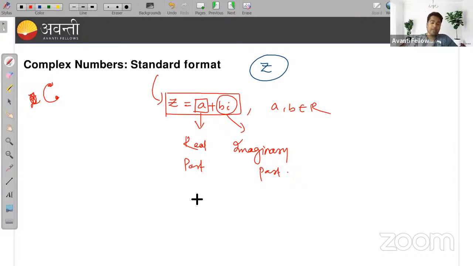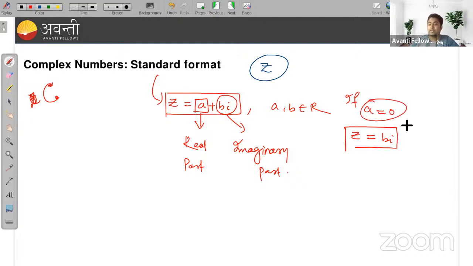Now, what will happen if a becomes 0? If a becomes 0, then Z will be bi, and in this condition we can say the complex number is purely imaginary.